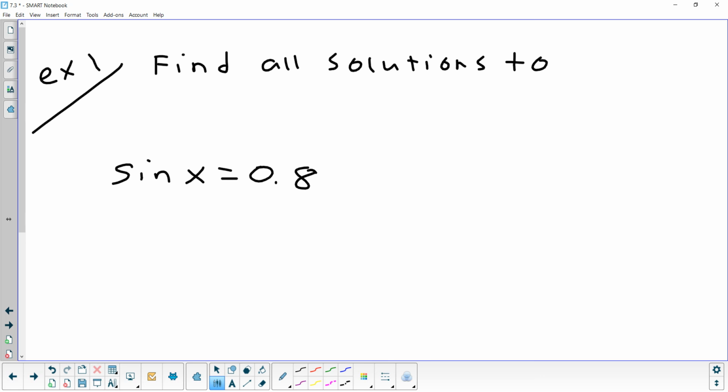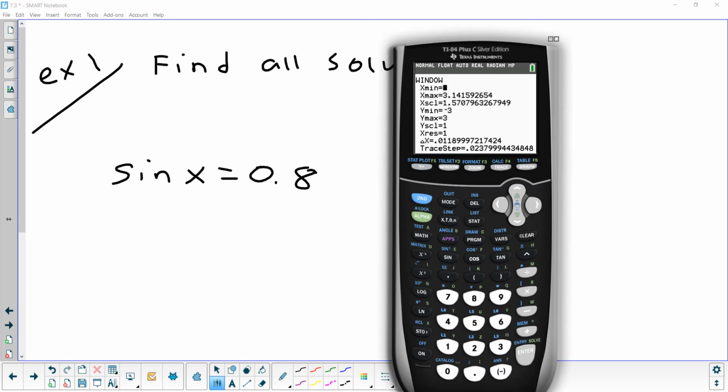Negative pi over 2 to pi over 2. Can you give me just a single number for the period? Pi. No, that's for tangent or cotangent. Man, I'm not thinking. Okay, 2 pi. So you can set a window however you want of 2 pi, but you've got to set it so it's 2 pi.